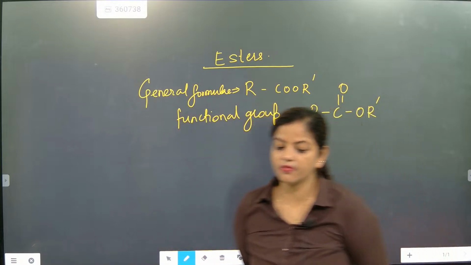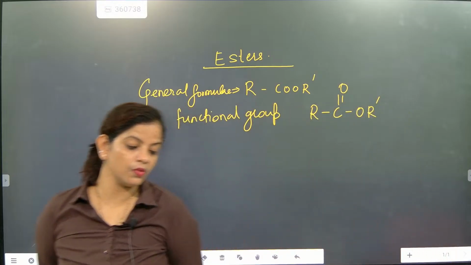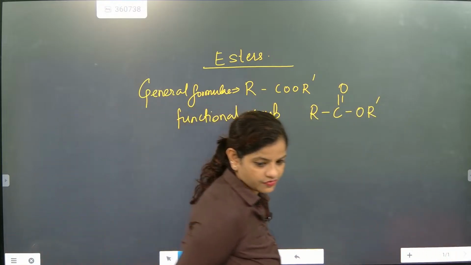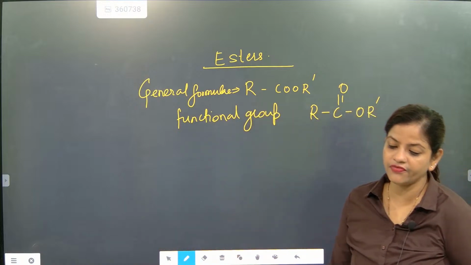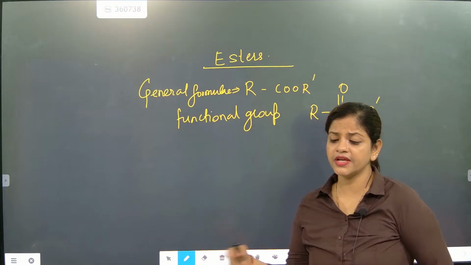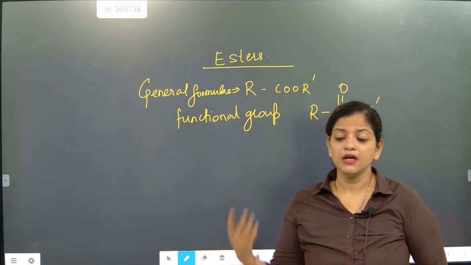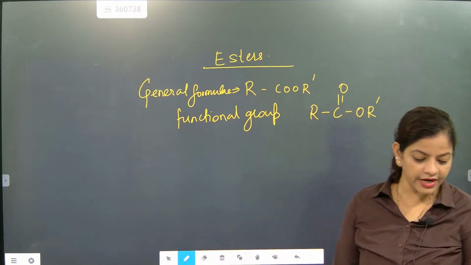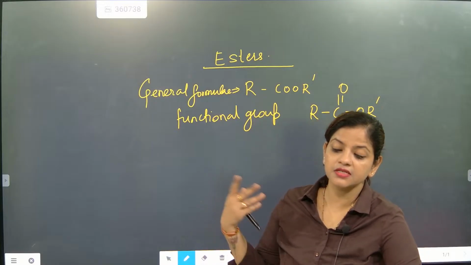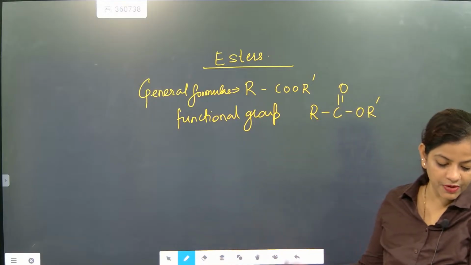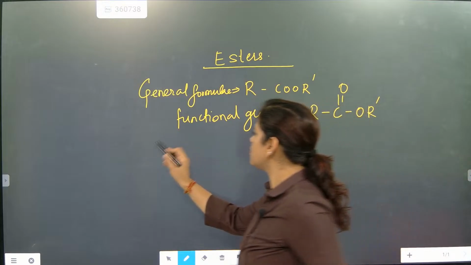Yes, the general formula is RCOOR dash. Very good. So now after that, how to say the secondary functional name? So what is the secondary prefix? And what is the secondary suffix?